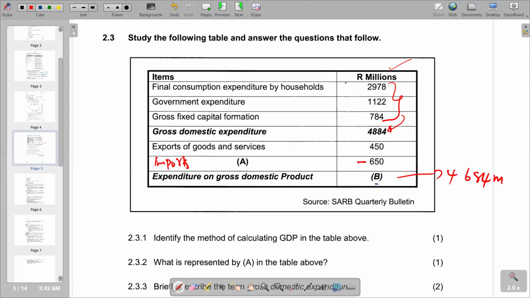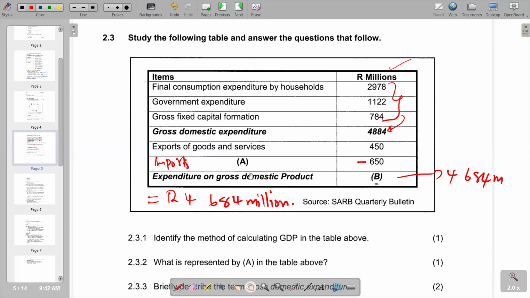So the answer that we are going to represent in your answer book will be equal to 4,684,784,000 rands. So this one is million. So basically, this is what we have according to that calculation.